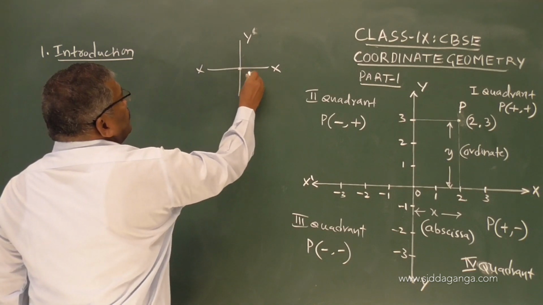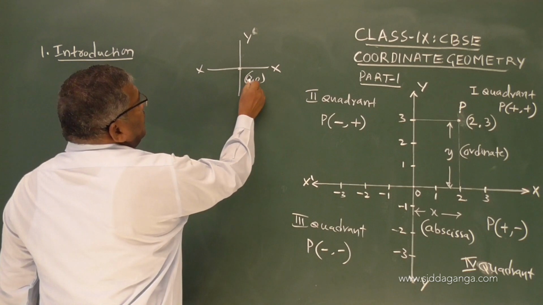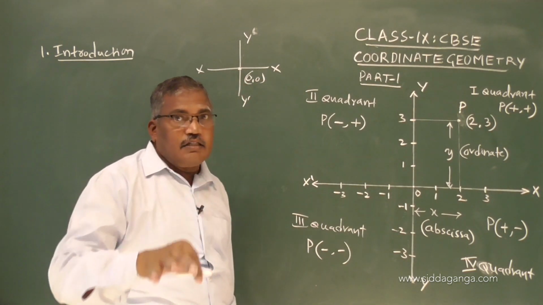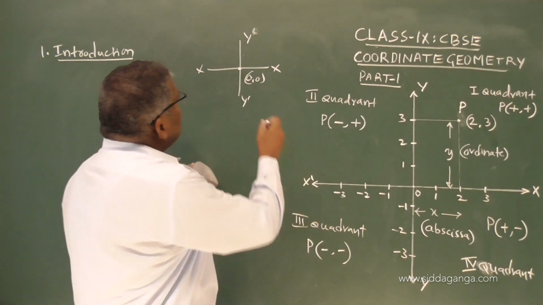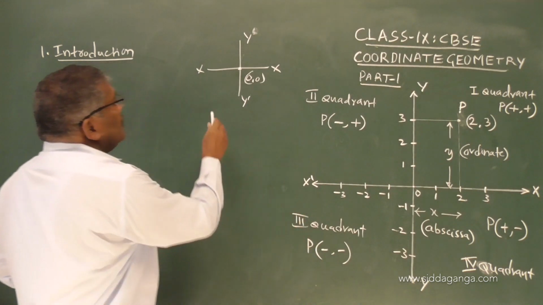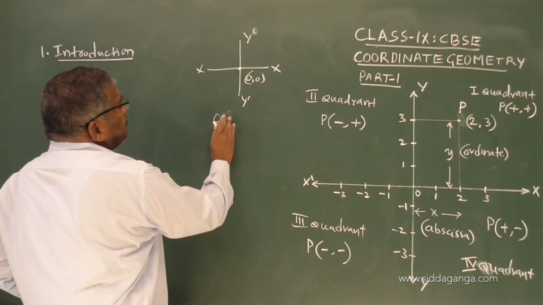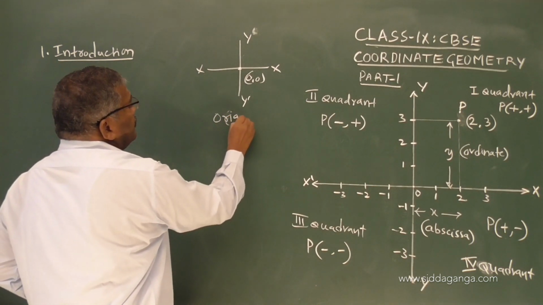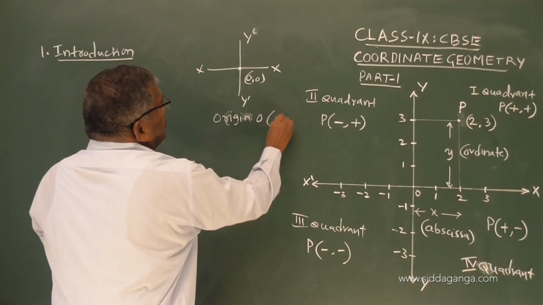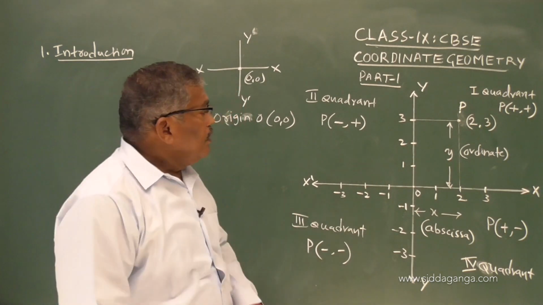So this point is known as 0, 0, because its distance from the x-axis is 0 and from the y-axis is 0, because it is on both the axes. Therefore, the ordered pair of the origin is 0, 0. We call this point O the origin.